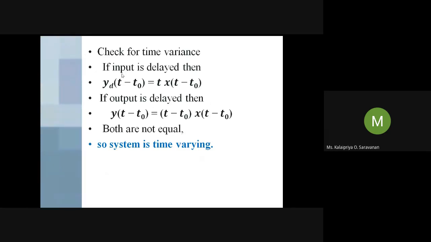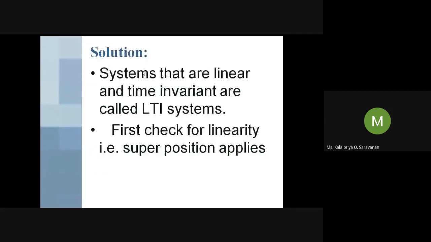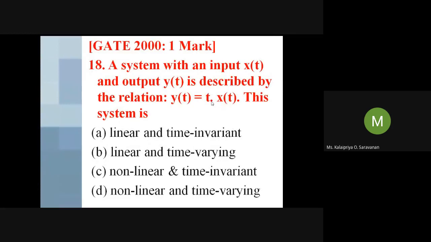So first, you will have to delay the input. The given question is y of t is equal to t into x of t. What is the input here? x of t is the input here. So you will have to delay the input by any time period called t naught. Delaying the input means x of t minus t naught.